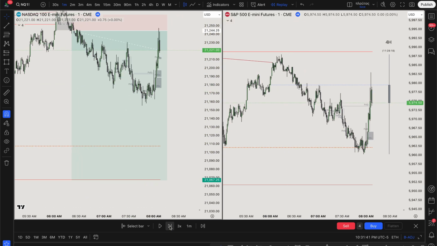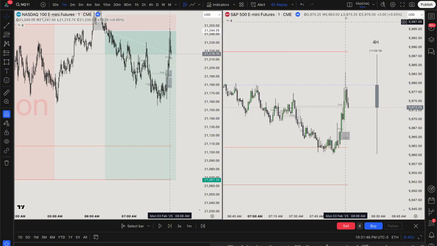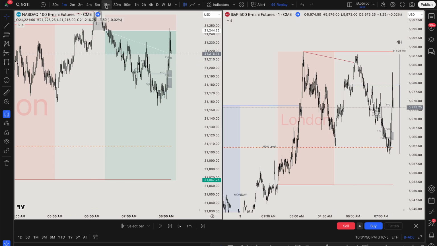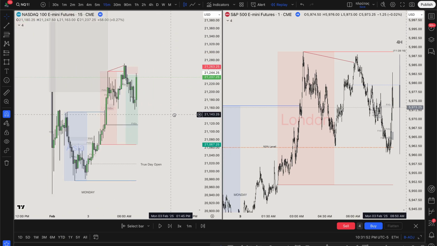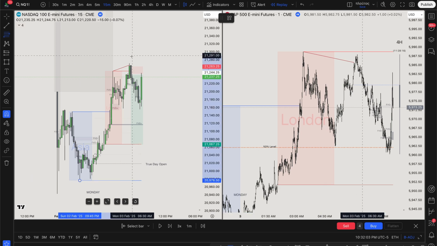But usually when we hit the 50% of the dealing range, as you can see here on ES, price tends to reverse. So you can also use this 50% of the dealing range as a liquidity level for a reversal. The 50% is pretty much the range from the opening, which is going to be the 6 p.m. low, so it should be this low right here.